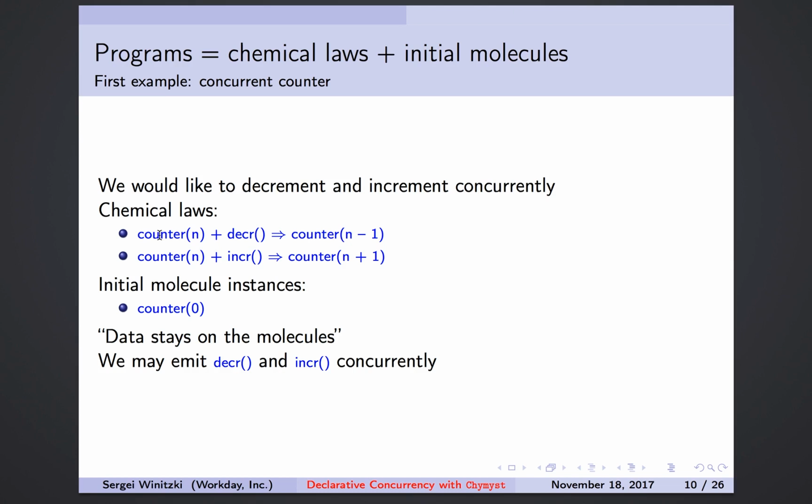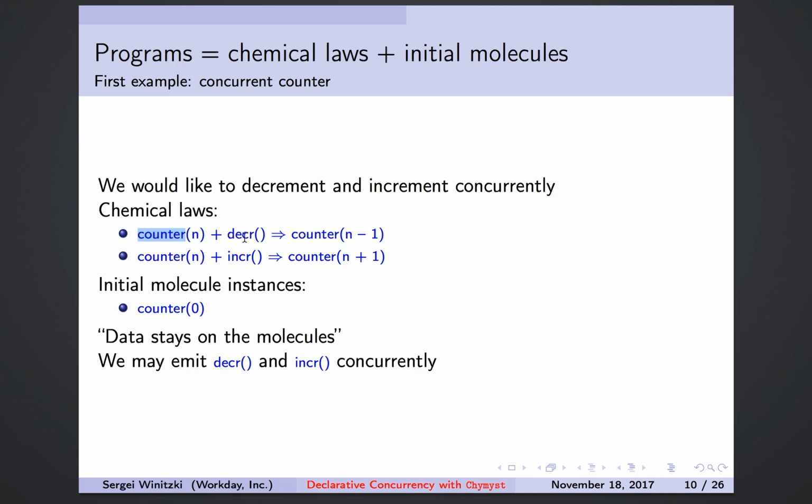Then the chemical machine also will examine the chemical laws that are declared, and there are these laws, so one of the counter and decrement pairs can react. But actually there's only one copy of the counter molecule and several copies of the decrement molecule. So the chemical machine runtime must choose one of the decrement molecules that will react with this single instance of the counter molecule. This choice is non-deterministic in general.